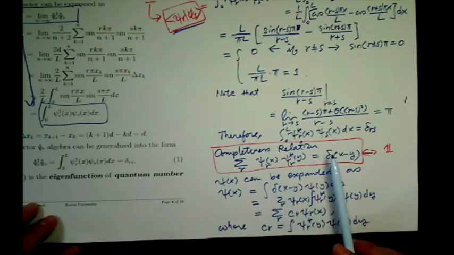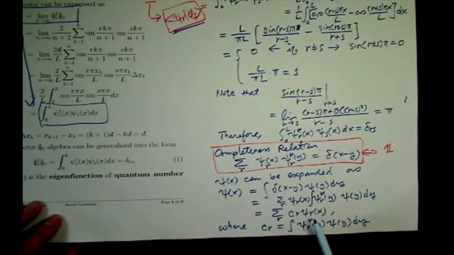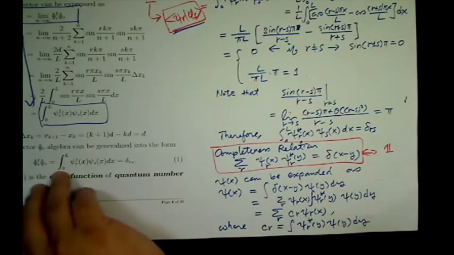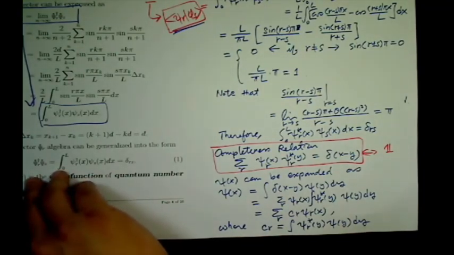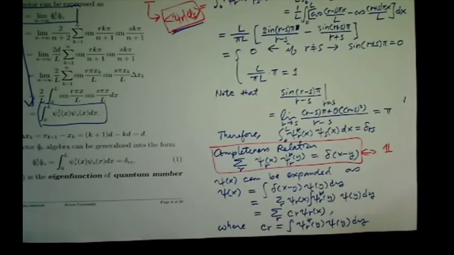We substitute this here, and this expansion is natural for the expansion of the wave function in terms of eigenfunctions. This is a consistent way of describing the continuous completeness relation for this eigenfunction. So this eigenfunction and eigenvalue are almost the same.